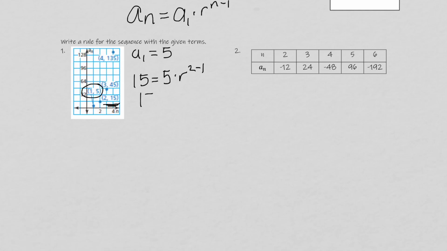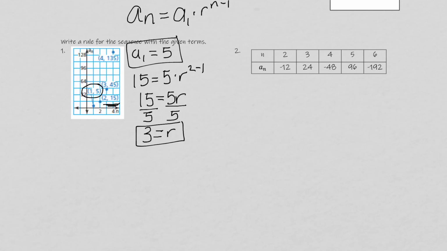So I'm going to have 15 equals 5 times r. I'm going to divide by 5, and the piece I didn't have this time was my ratio, which was 3. Okay, so now that I have my ratio and my first term, I can write my general rule. So my a sub n would equal 5 times 3 to the n minus 1.